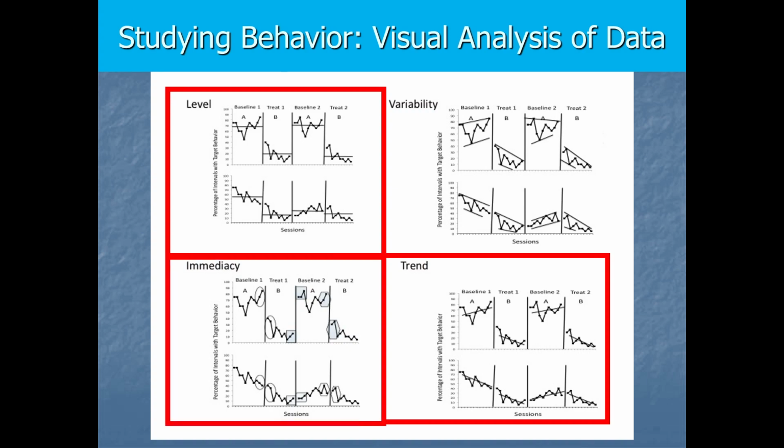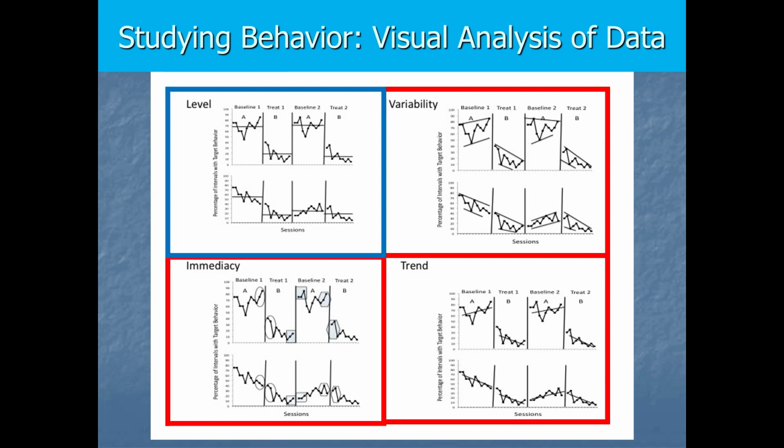Additionally, we're going to want to look at immediacy, which is how quick or extreme the change is when we flip the switch in reverse conditions. And finally, it'll be necessary to consider the level of variability within each phase and compare that to the variability or change when we compare between the different phases to see if a change after treatment is bigger than the random noise and variation that we already expect.